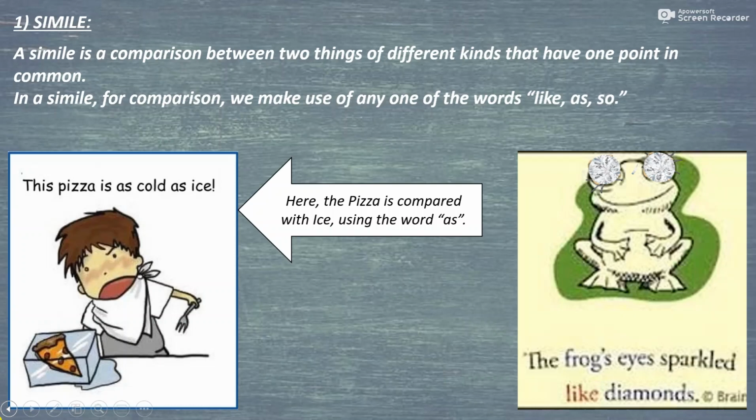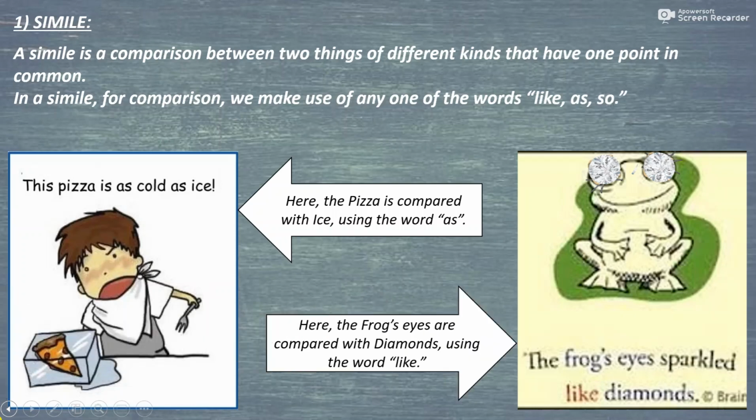Now for comparing these two things, we have used the word as. Since we are comparing two completely different things in the first example, by using the word as, we say that the sentence is simile. Similarly, in the second case, the frog's eyes sparkled like diamonds. Here again, the frog's eyes are compared with diamonds using the word like.